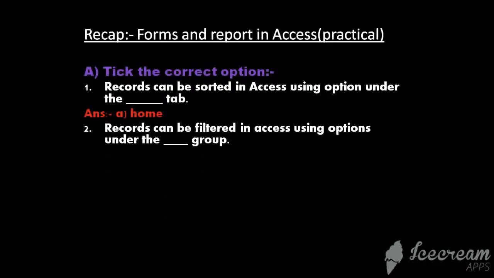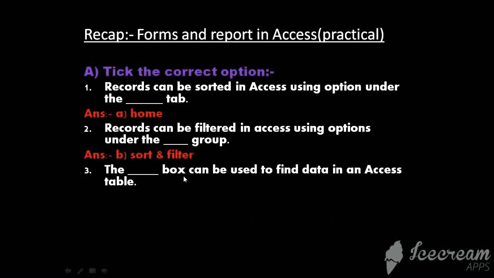Next. Records can be filtered in Access using the option under the dash group. Sort and Filter. The dash box can be used to find data in an Access table. Which box is used? Search box. Search is available there at the bottom.